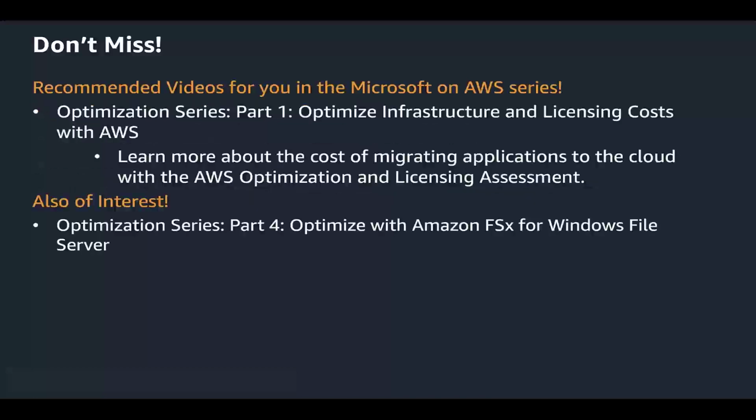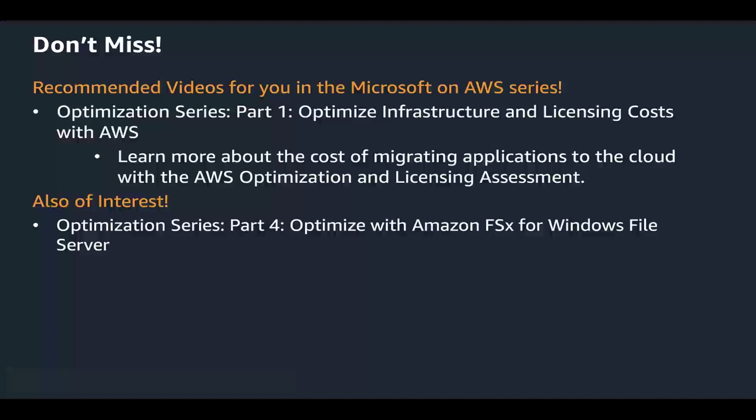In addition to this series, AWS has a variety of content covering optimization of Microsoft workloads. I want to highlight two in particular. First, the Optimization Series Part 1 video covers optimizing infrastructure and licensing costs on AWS, including the AWS Optimization and Licensing Assessment.